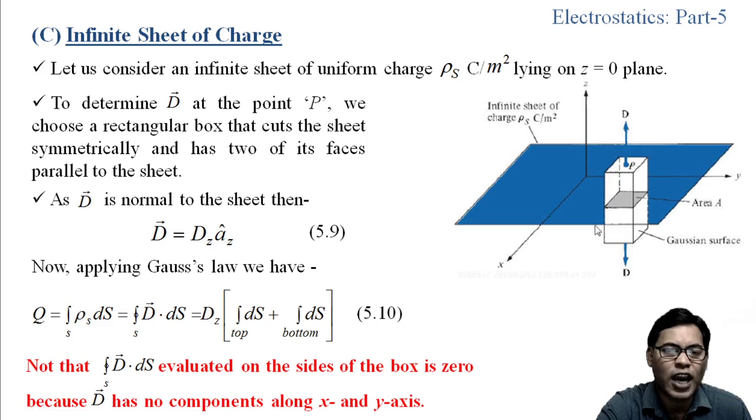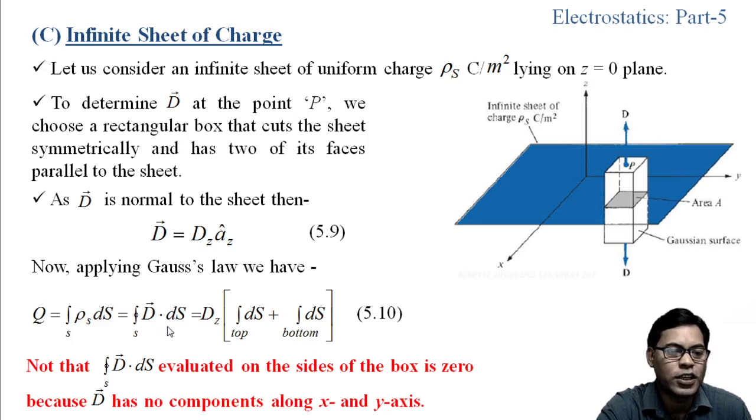Q means the charge enclosed by this area, the gray area. The charge density here is rho_S. So the surface integral of rho_S dS equals the surface integral of D dot dS. Here D is written in equation 5.9 as D_z a_z, and the direction of the surface will be in the same way in the z direction.